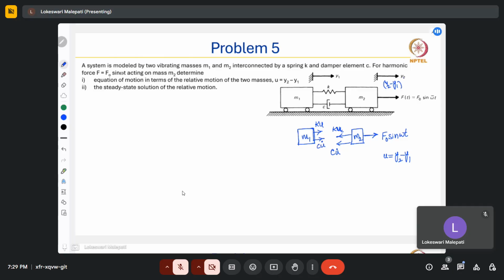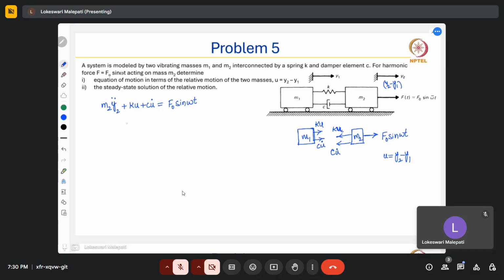Now for these two masses, let's first write down the equations of motion separately. For mass M2, we can write down M2 y2 double dot, that is the total acceleration which we must consider, plus ku plus c u dot is equal to F naught sine omega t. For the second mass, these things are acting in the same direction as the positive convention for the displacement.